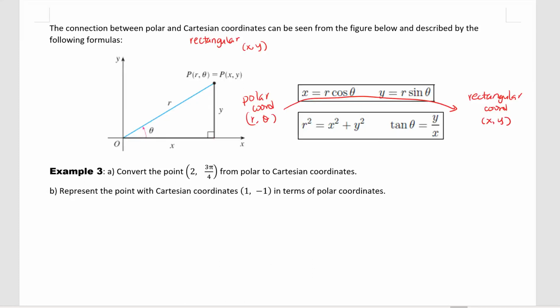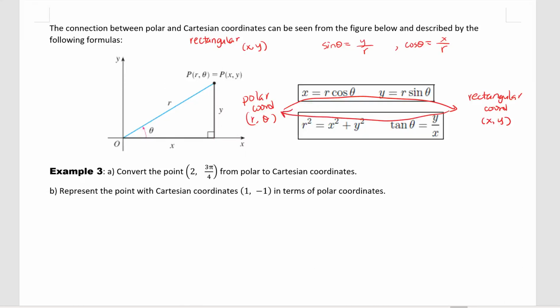Because sine theta is the opposite over hypotenuse, y is then r times sine theta. And cosine theta is the adjacent over hypotenuse, so x is then r cosine theta. Okay, so given the rectangular coordinate system, how do we get the polar?